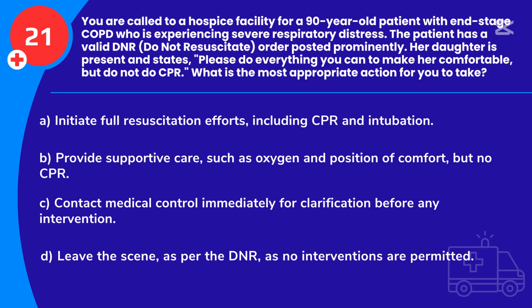A. Initiate full resuscitation efforts, including CPR and intubation. B. Provide supportive care, such as oxygen and position of comfort, but no CPR. C. Contact medical control immediately for clarification before any intervention. D. Leave the scene, as per the DNR, as no interventions are permitted.